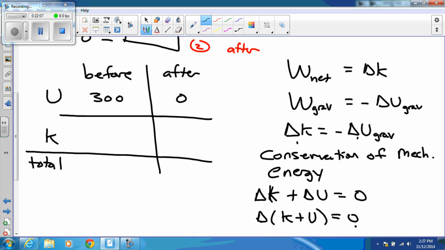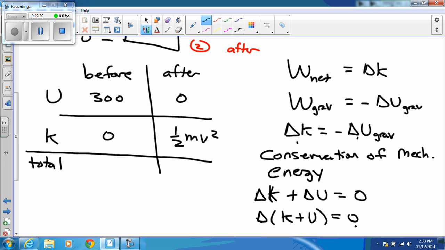At the top, in the before state, what is the kinetic energy of the object? 0, because it's not moving. At the bottom, I don't know how fast it's moving, so I'm going to write its kinetic energy as 1/2 mv squared. Did you say it's 300? Yes, that's right.